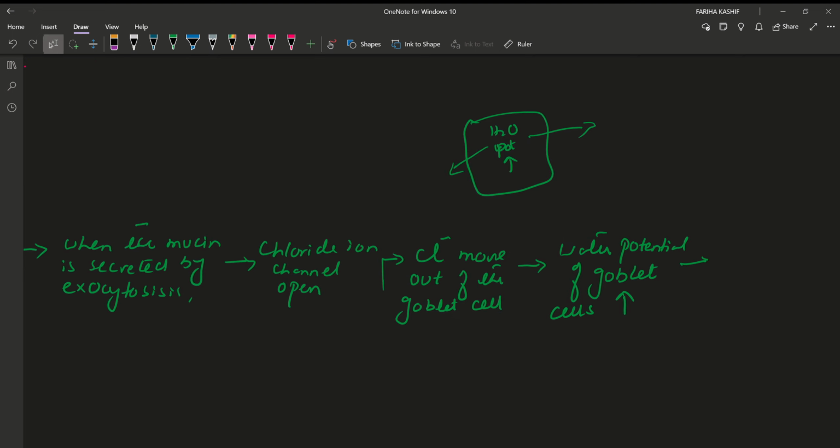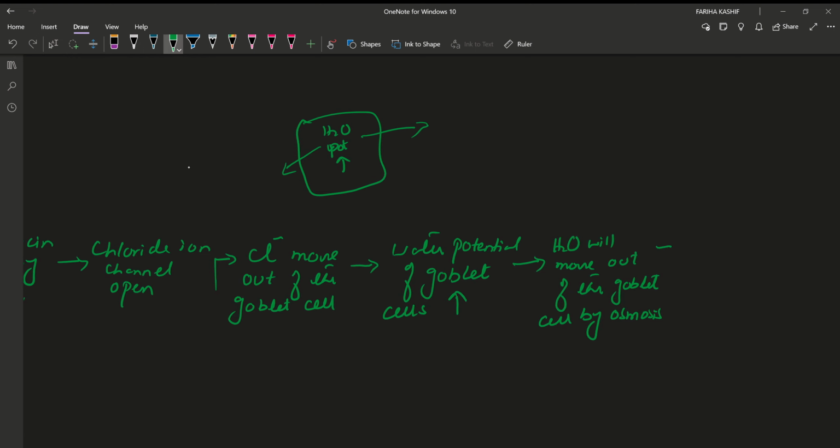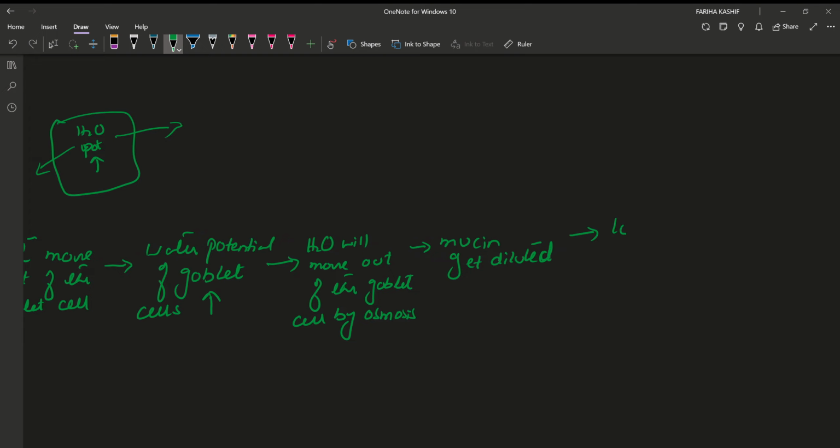Therefore, water will move out of the goblet cell by osmosis. Due to which what happens? Mucin gets diluted to form what? A slimy solution.